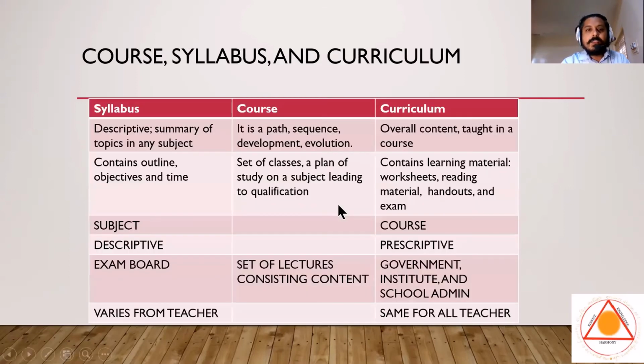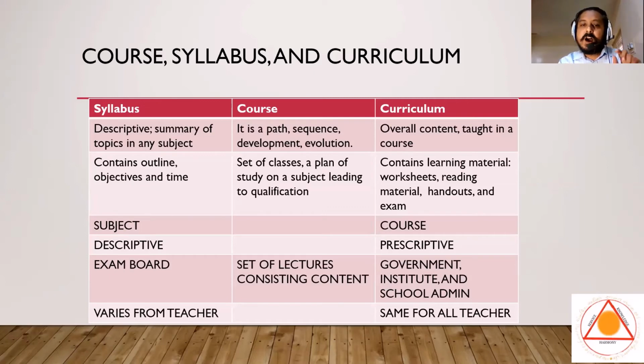Okay. Now let's look at the differences between course, syllabus and curriculum, because after the need analysis, what you do is try to design either of these. So let's try to understand what is syllabus, what is course, and what is curriculum. You can say a course is a path, a sequence, development, and evolution.